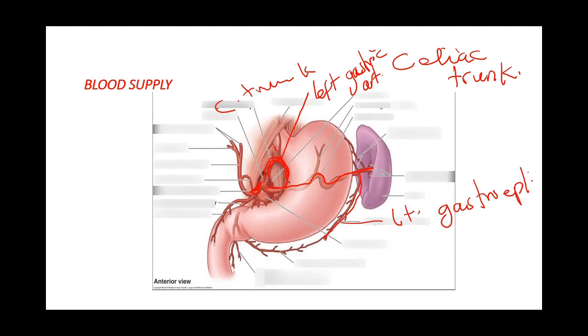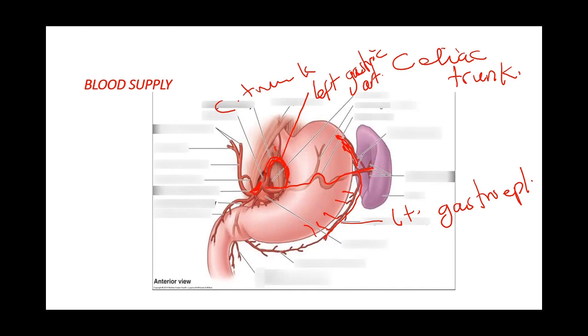It gives the left gastroepiploic artery, supplying along the greater curvature of the stomach. The splenic artery also gives short gastric arteries that supply the fundus of the stomach.